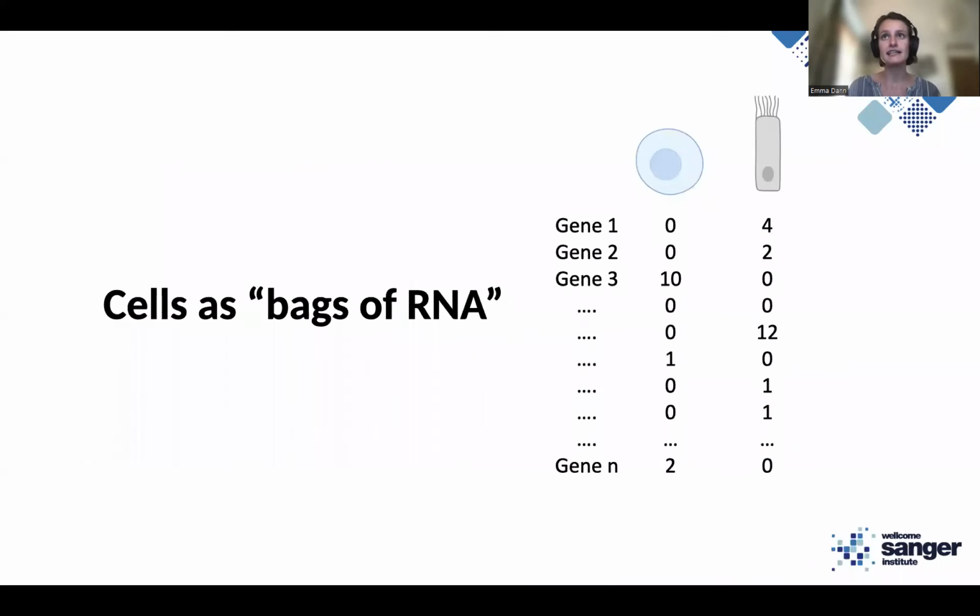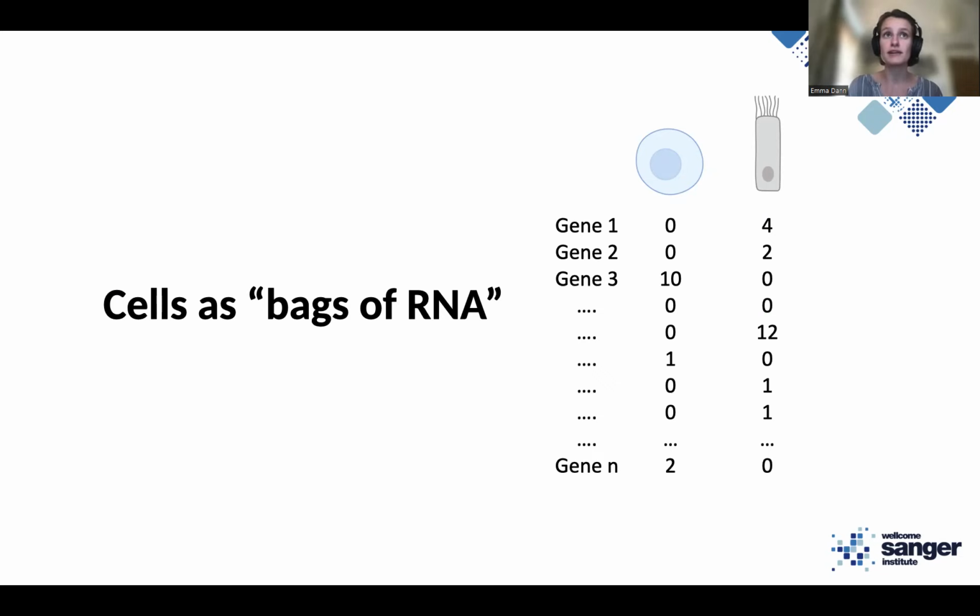The key abstraction that makes single-cell RNA sequencing so powerful is the idea that we can consider a cell, which has a lot of different characteristics, as essentially a bag of RNA. The collection of mRNA molecules, and which genes they come from, is very informative about what a cell is doing and how different it is from all the other cells in a tissue sample.